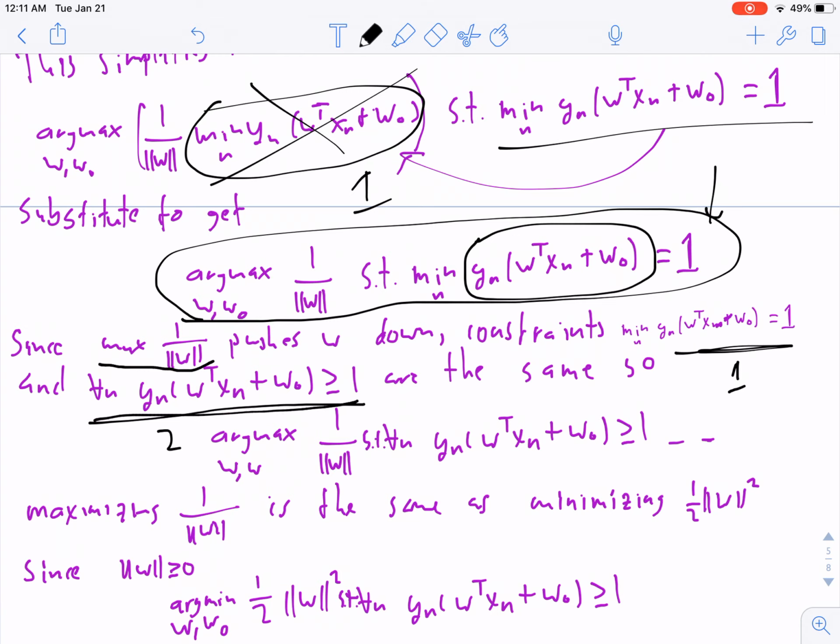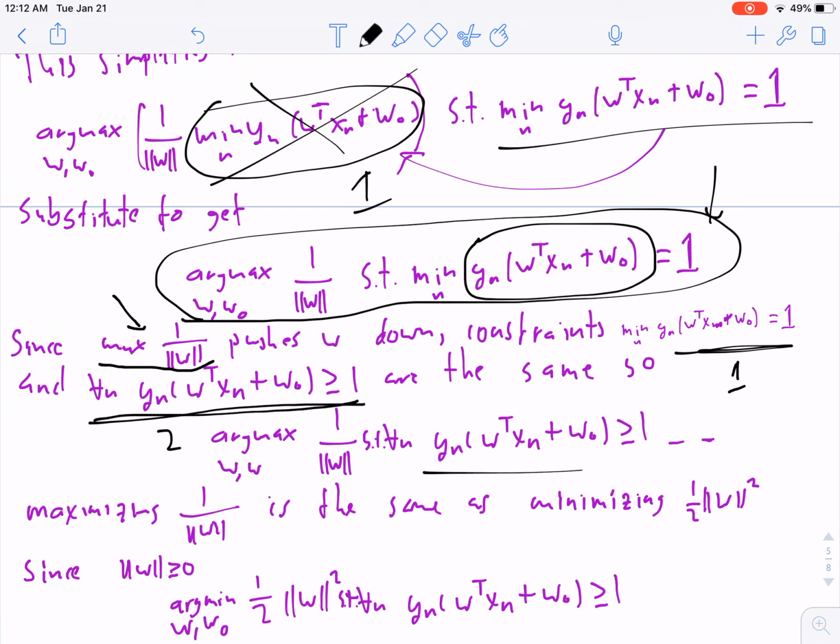Then we can just go ahead and decrease w a little bit. All of the margins may fall a little bit, but we have that wiggle room. And so we can still decrease w, and thus it must not have been a maximum. That's a contradiction. So our initial assumption was wrong. So actually these two constraints do the same thing. In other words, 2 implies 1, and we already showed that 1 implies 2.